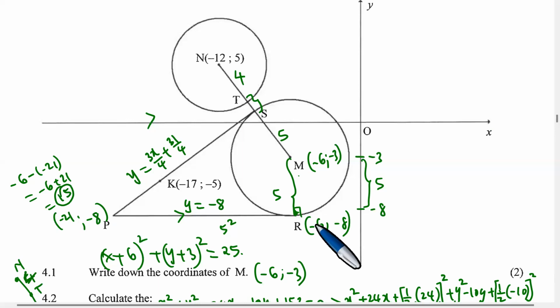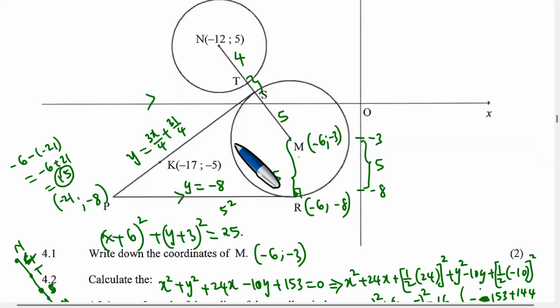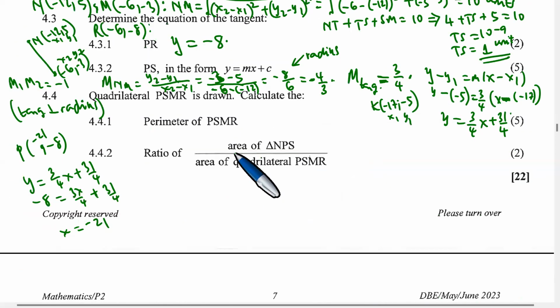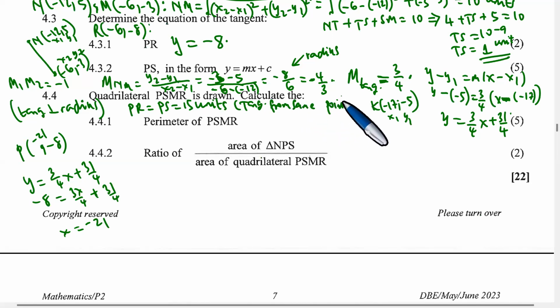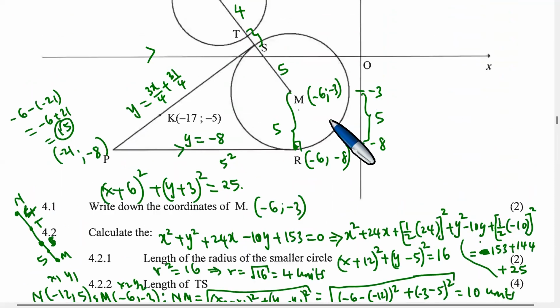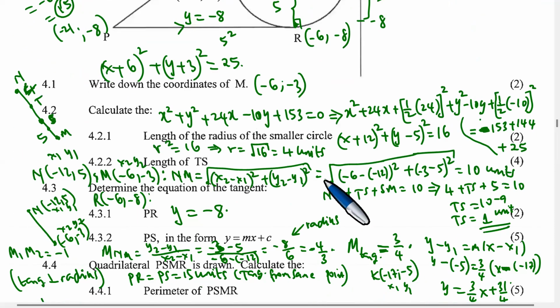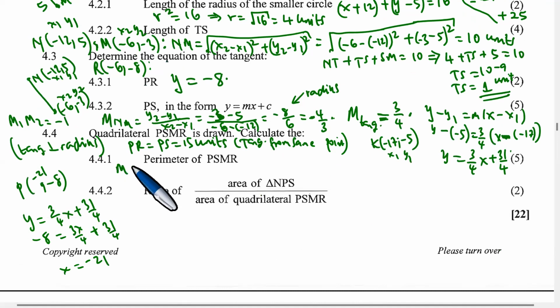These are tangents from the same point. What is MS? MS is MR, which is 5 units.